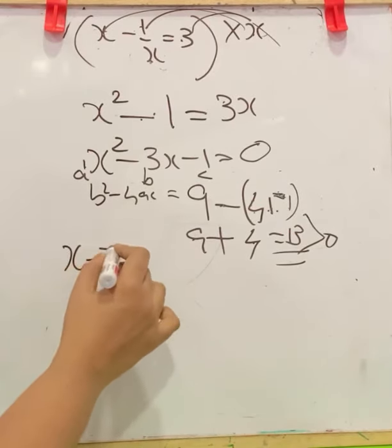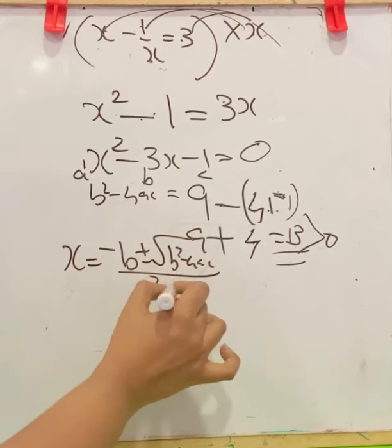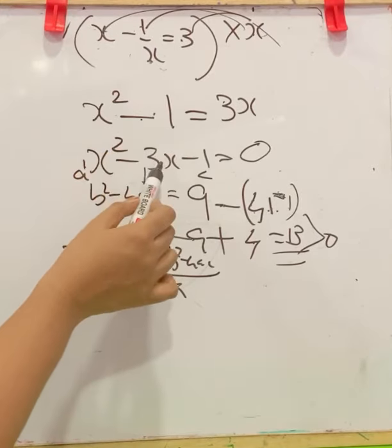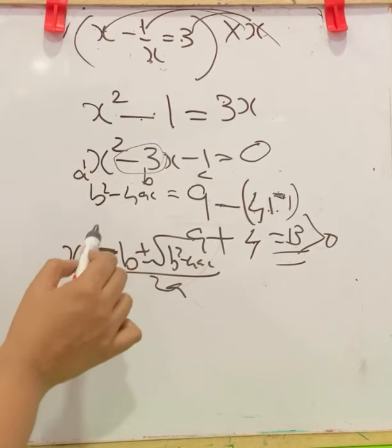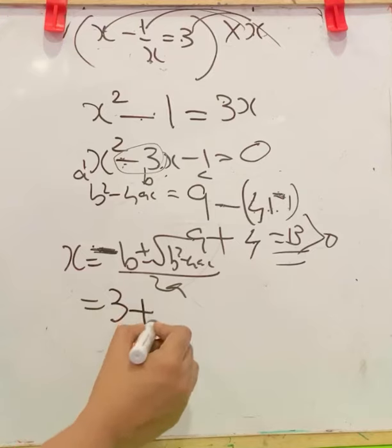x is equal to negative b plus or minus root of b square minus 4ac by 2a. That is minus b. Here already b is negative 3. Again there is a negative here, so negative of negative 3 becomes positive 3 plus root.